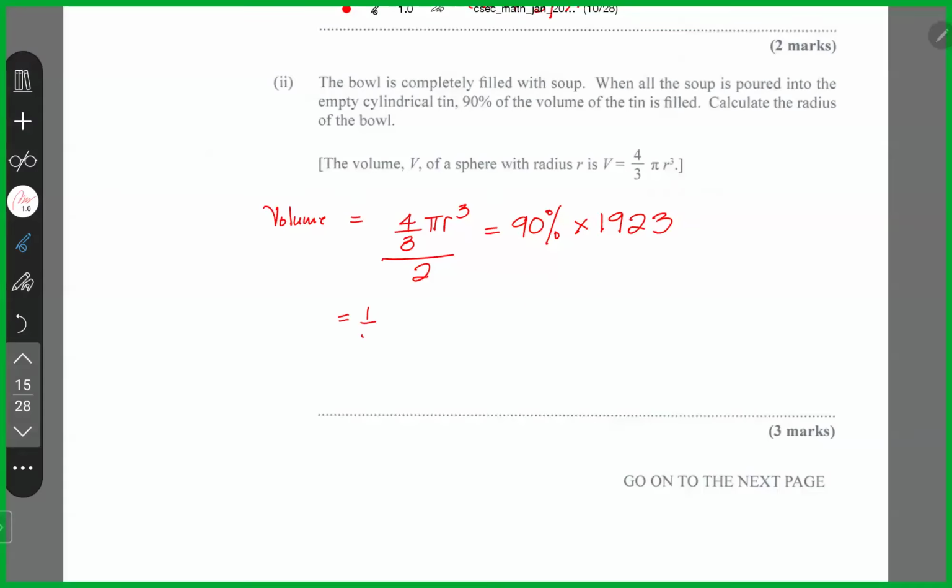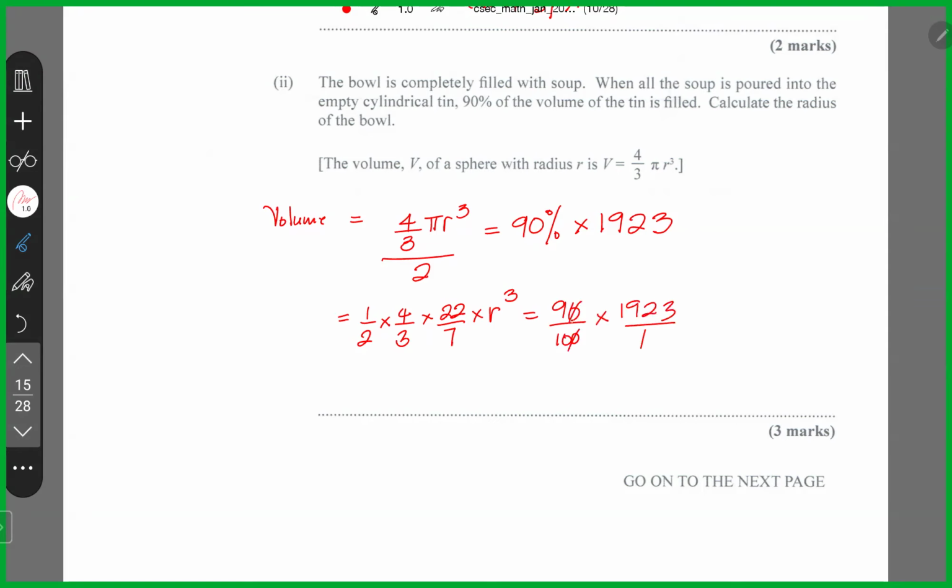So this is 1/2 times 4/3 times 22/7 times r cubed. We don't know what r is. We know that this is equal to 90%. All right, so 0.9 times 1923. So 90% is 90/100 times 1923.